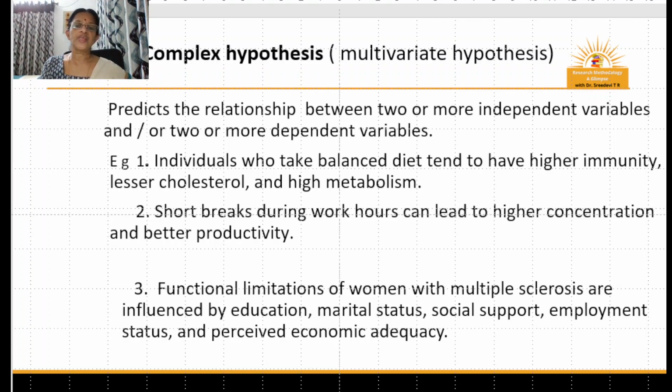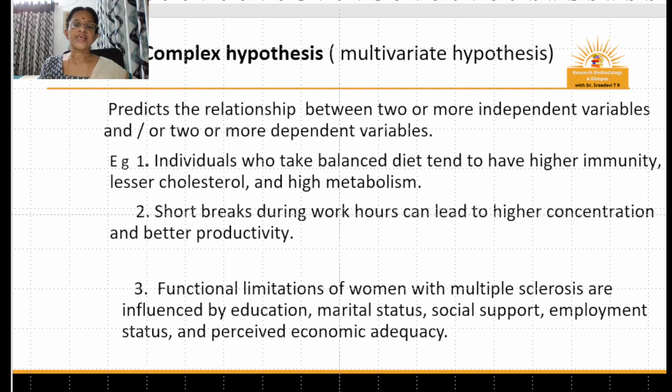Short breaks during work hours can lead to higher concentration and better productivity. So, independent variable is short breaks. Higher concentration and better productivity are dependent variables. Functional limitations of women with multiple sclerosis are influenced by education, marital status, social support, employment status, and perceived economic adequacy.